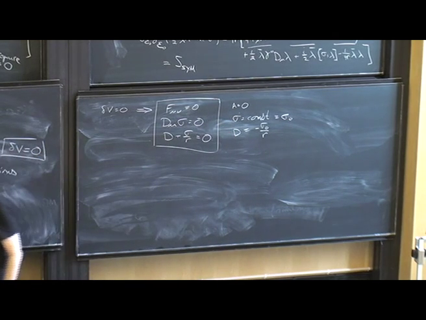Yes? Are you assuming anything about the fields being smooth everywhere, and things like this? That you have point-like weird things happening in S3? No, so in quantum field theory we cannot assume that the fields are smooth. But in this case I cannot have funny things happening at a point. In the case of S4, four-dimensional theories on S4 and two-dimensional theories on S2, you can get funny things happening at a point.